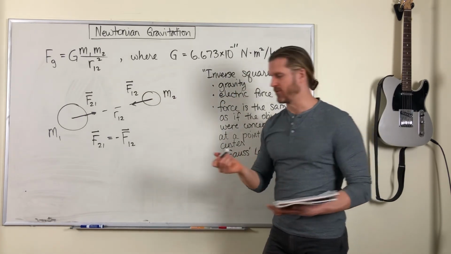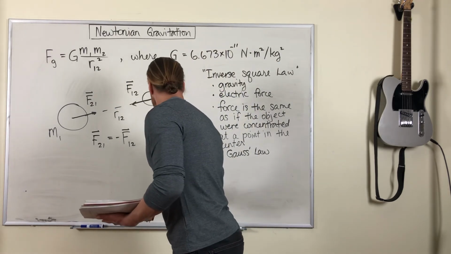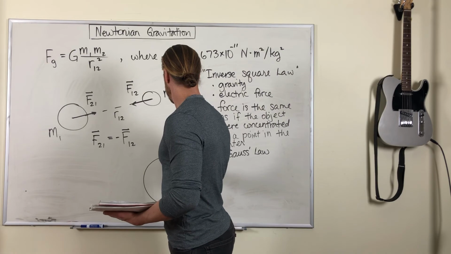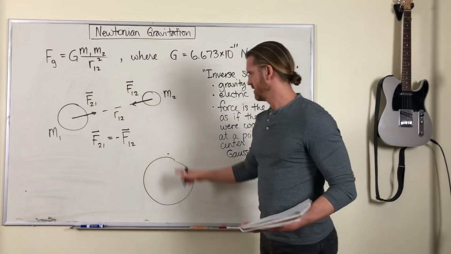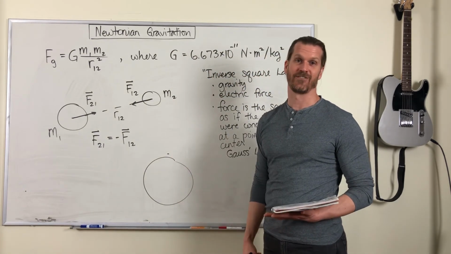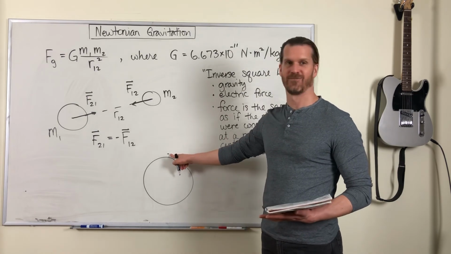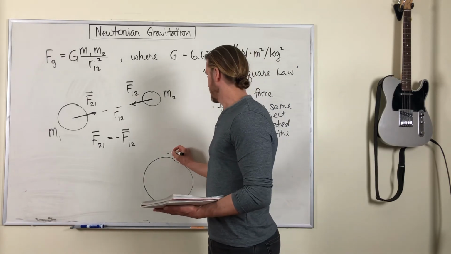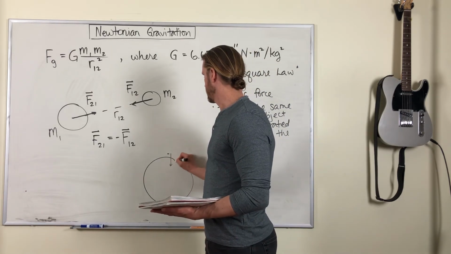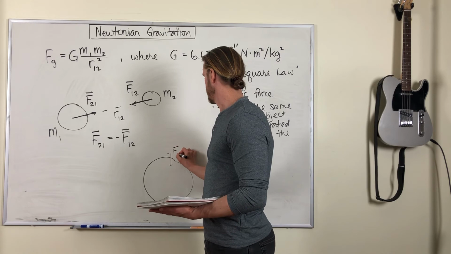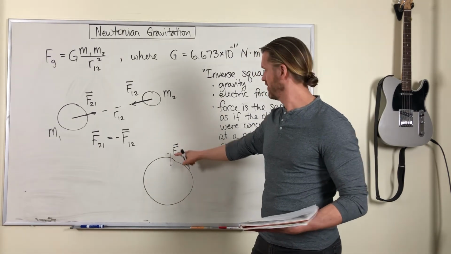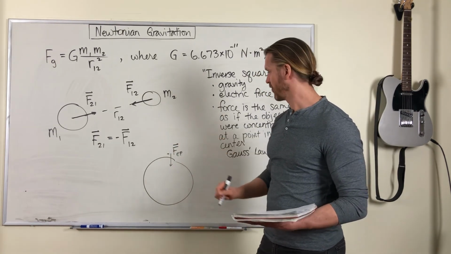Let me sketch that situation. Here's planet Earth, and there's a little pen. That's not drawn to scale. In reality, the pen would be much smaller than that. But Earth is applying a gravity force on that pen directed downward.